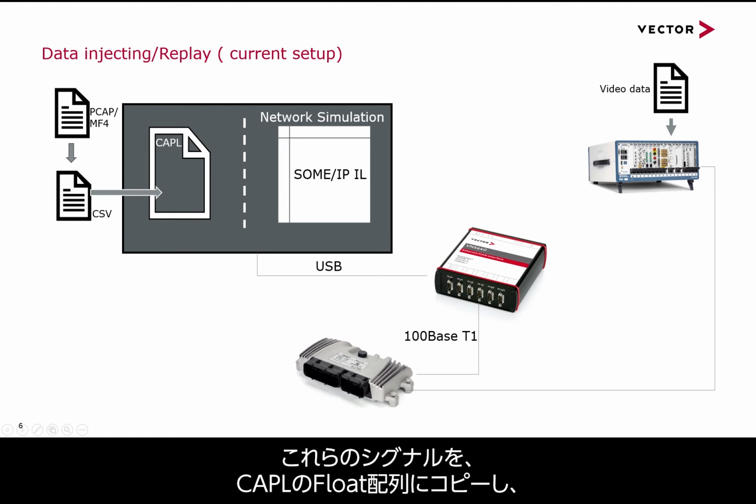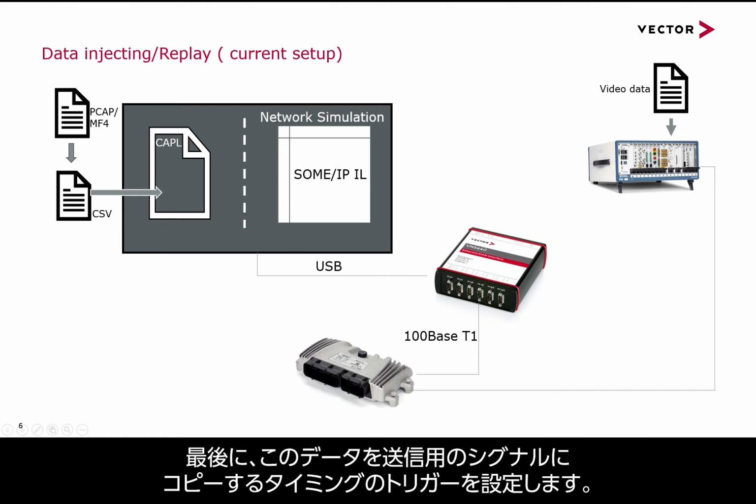Those signals would be copied into the CAPL, into a float array. And then the last thing left was providing a trigger as to when this data should be copied over to the signals for the transmission.